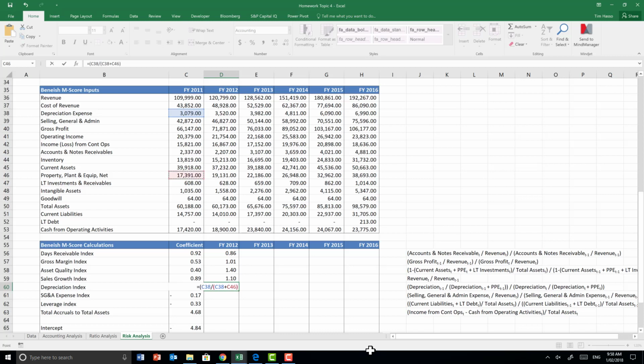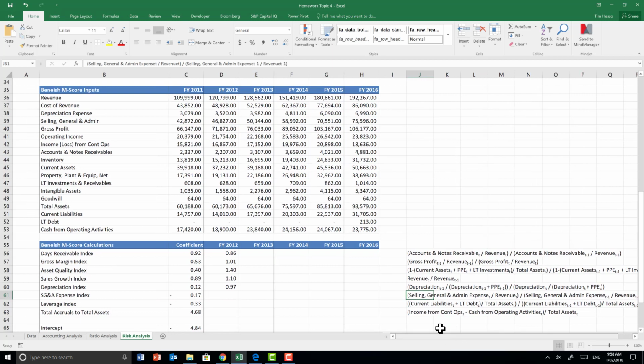So then close the bracket again, and then take divided by, open up a bracket, depreciation this year, divided by, open up a bracket, depreciation plus PP&E this year, and then 2 brackets at the end, press enter, and it should be 0.97. Now for the SG&A expense, again, a long formula here.